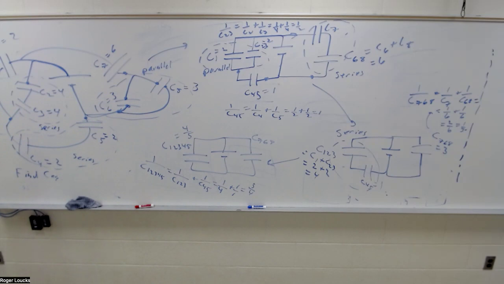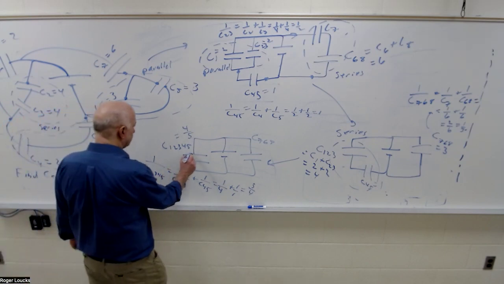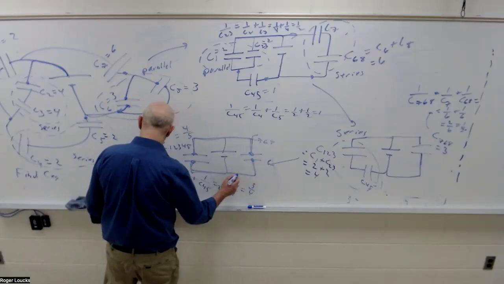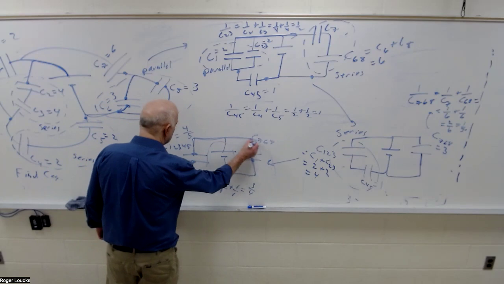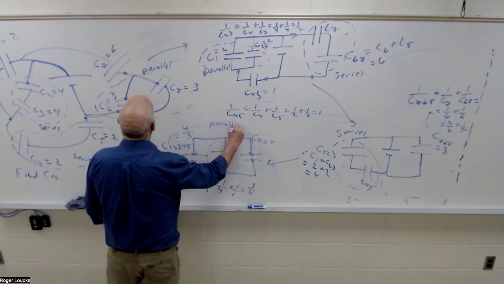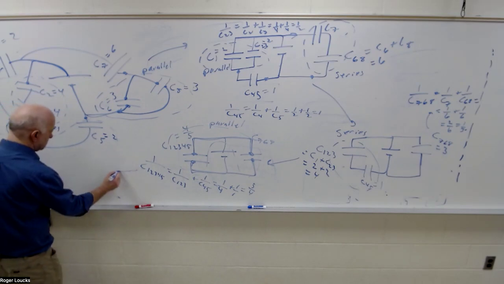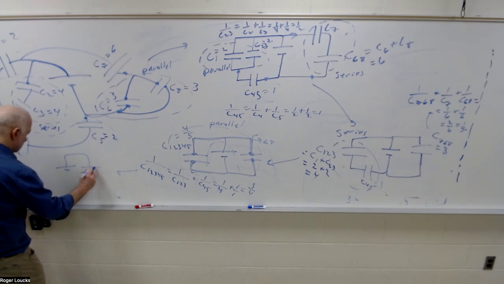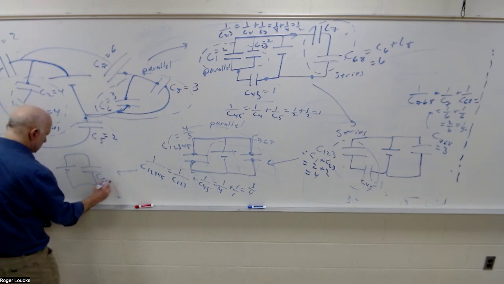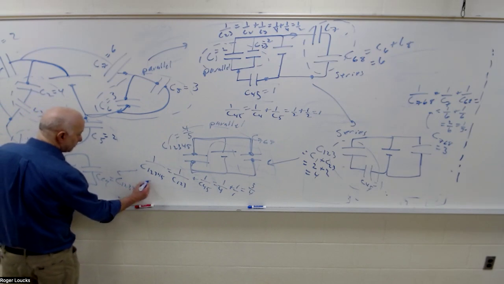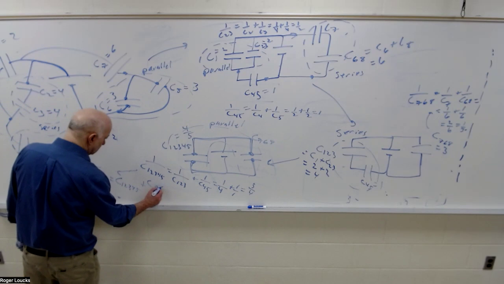Okay. Now, what is obviously in series or obviously in parallel? Parallel. Yeah, this top is connected to this top, and this bottom is connected to that bottom. These right here are in parallel. And that gives me this guy. So this is going to be C 1, 2, 3, 4, 5 plus C 7, 6, 8.